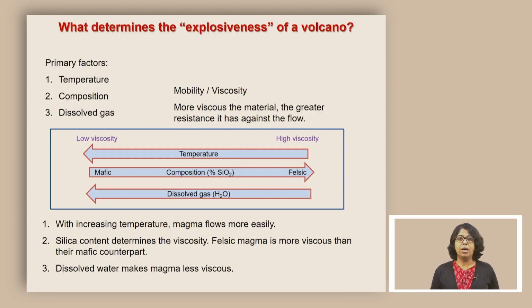So, it is important to understand what triggers this upward movement from the magma chamber. And the three major contributions to this change come from temperature, second is composition, and third is dissolved gas.